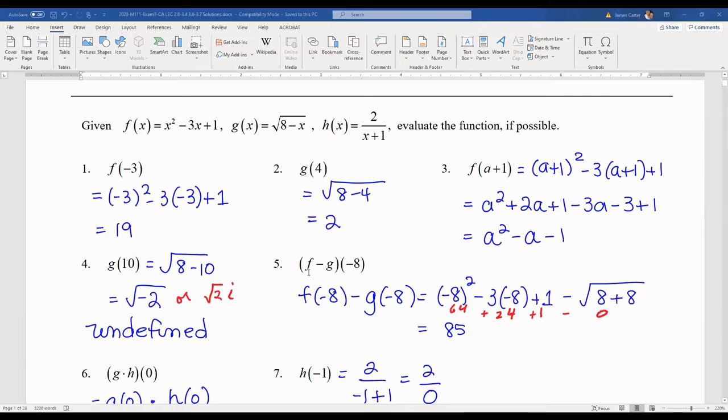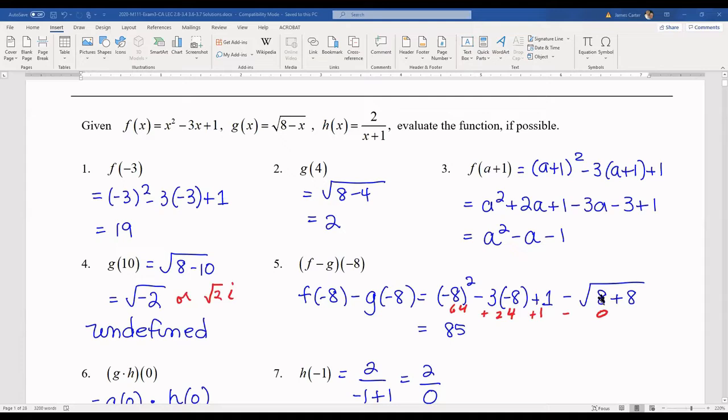Here we have f minus g of -8. So we're taking the f equation, okay, and we're replacing all of its values with -8, gives you 64, gives you 24, gives you 1, and then minus the g equation.